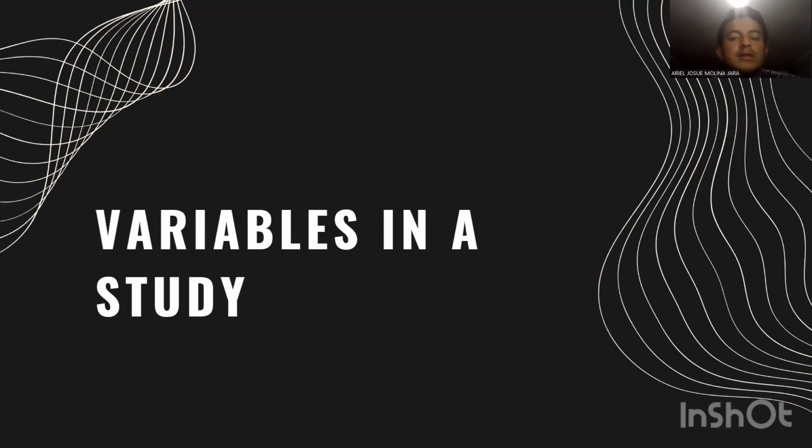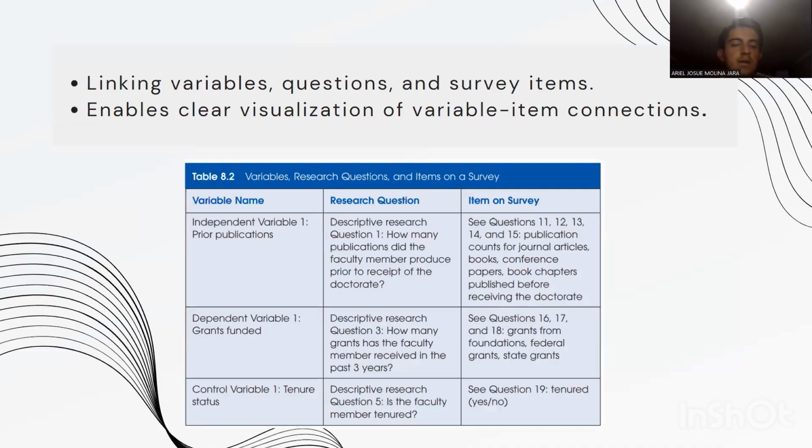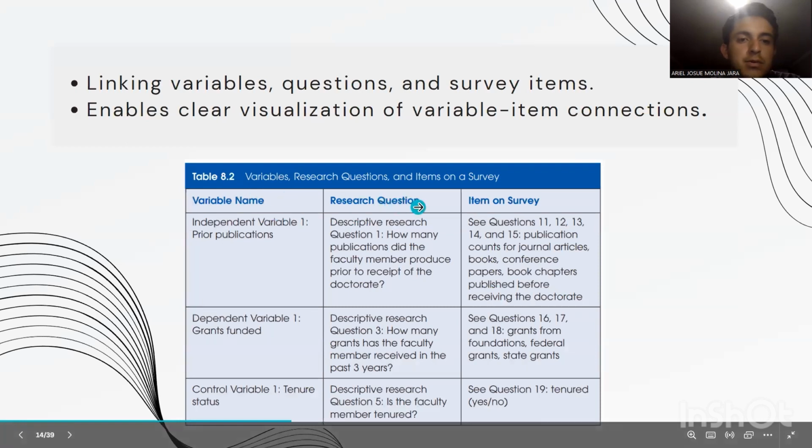Okay, about the variables in a study. We can link variables, questions, and survey items to give a better perspective to the reader about how the variables and the questions in the survey are related. We can use a table like 8.2.